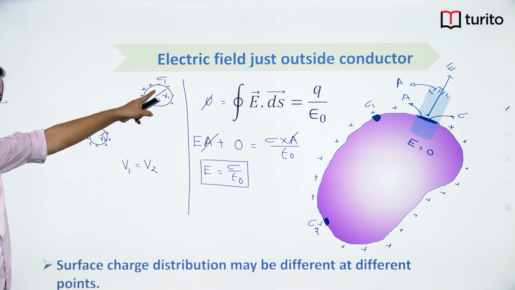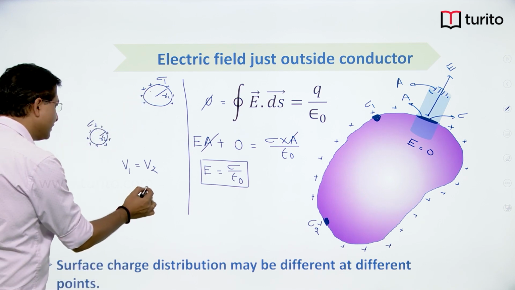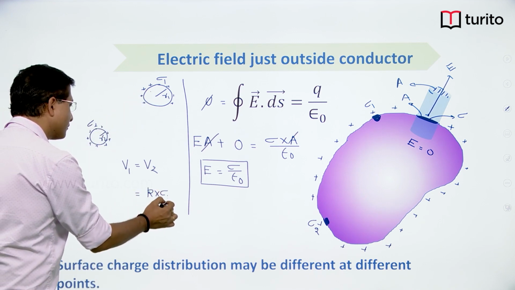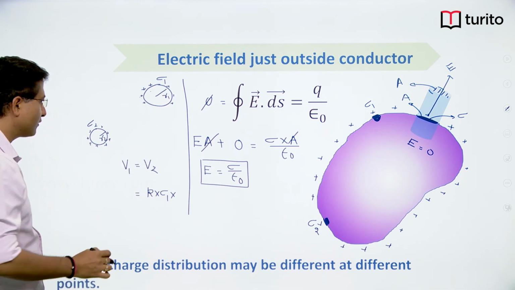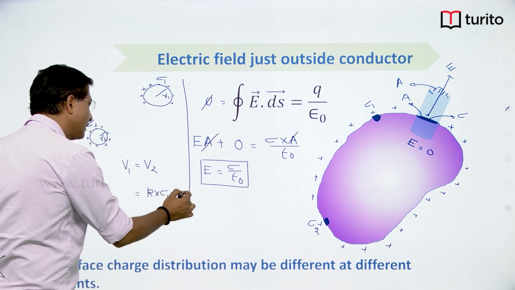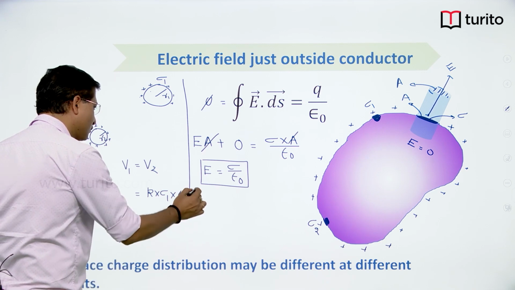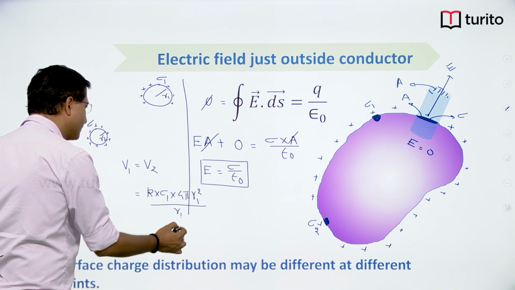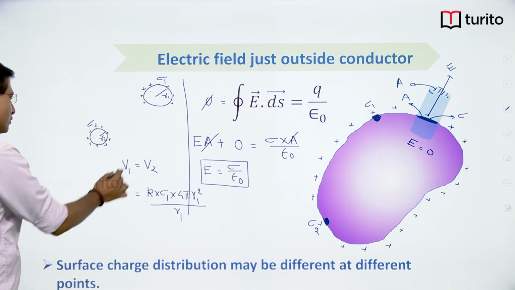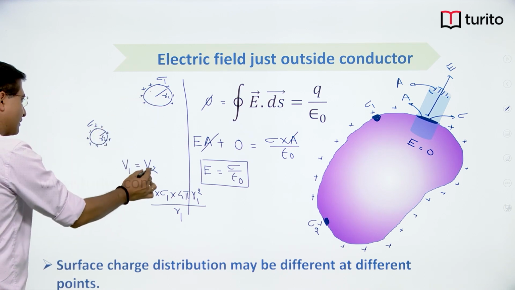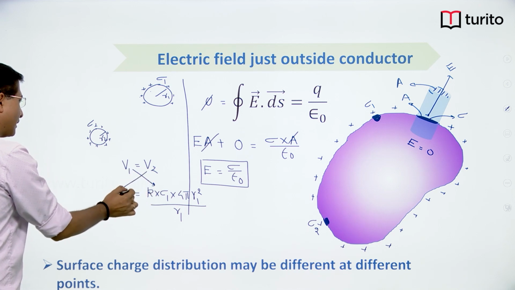So, potential here is kQ, Q is sigma 1 into surface area, surface charge density into surface area, 4 pi r1 square, divided by r1. Same thing I can write for 2.